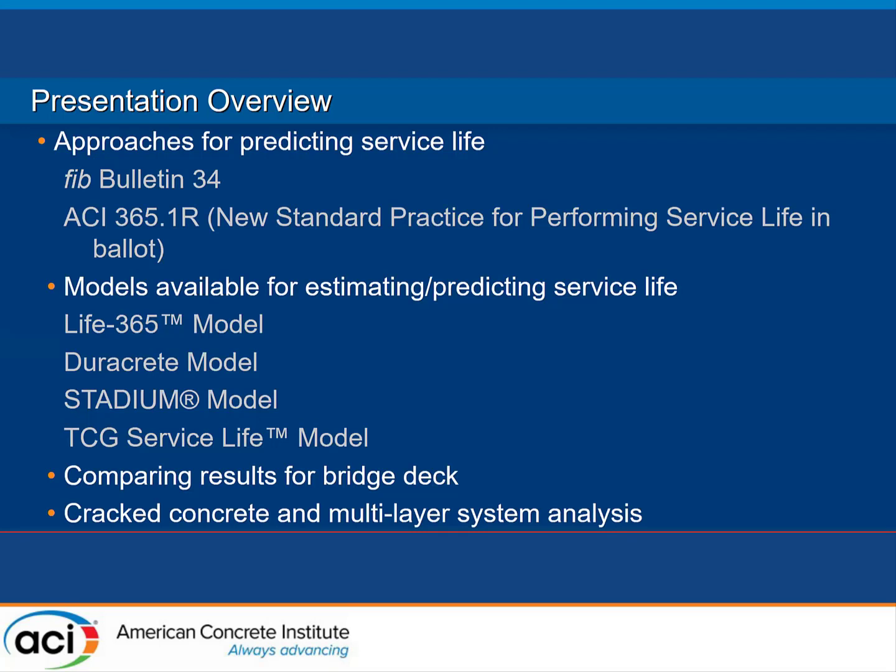Models available for estimating and predicting service life: we're going to look at the Life-365 model, which was discussed a little bit, Duracrete, which is used as one of the models in FIB, the Stadium model, and we have a new service life model that we'll talk a little bit about too. We compared results for a bridge deck, and then we'll look at some other examples with cracked concrete multi-layer system analysis.